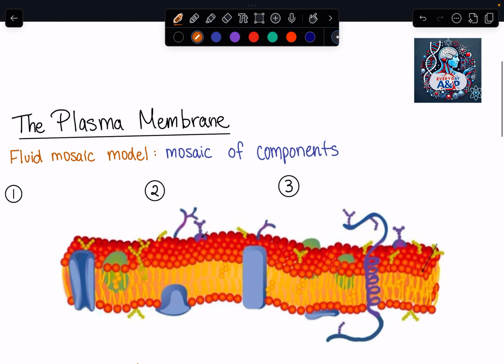First and foremost, we want to talk about the fluid mosaic model. What is this? Well, it is a mosaic of components, and primarily components that are fats, proteins, and carbohydrates.